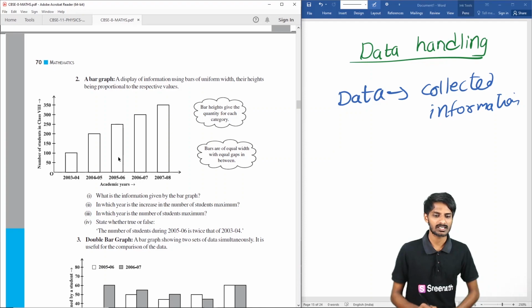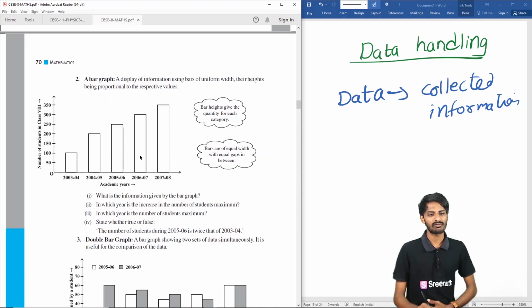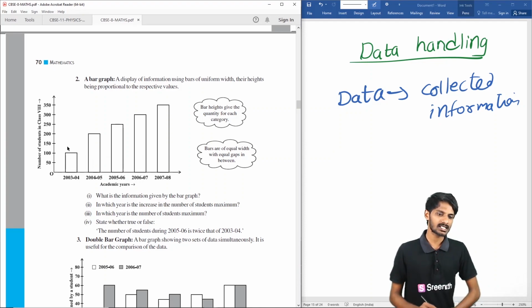The lengths of these bars represent the number of students, and this much length represents 100.